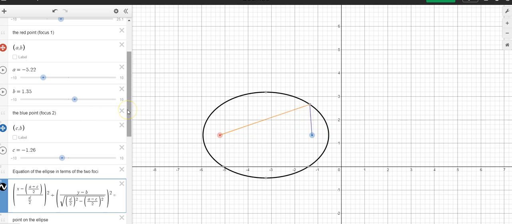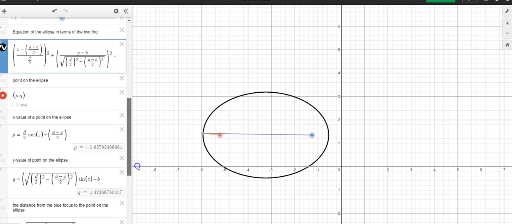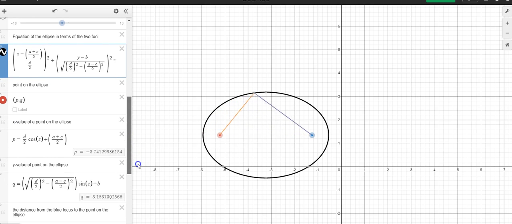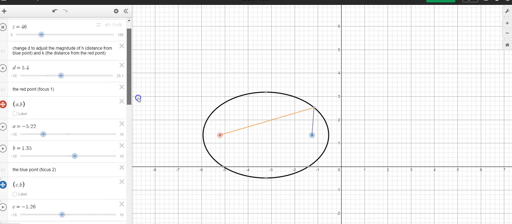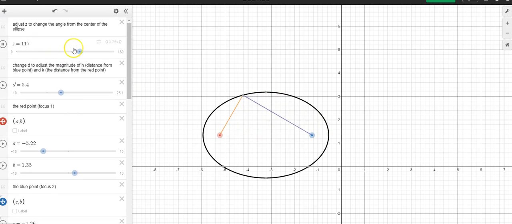I can't grab it. Where's the orange one? Oh, I found it, Mr. Staley. Scroll up on the side, and then click on the dot. Oh, there we go. I don't know how to make it play.